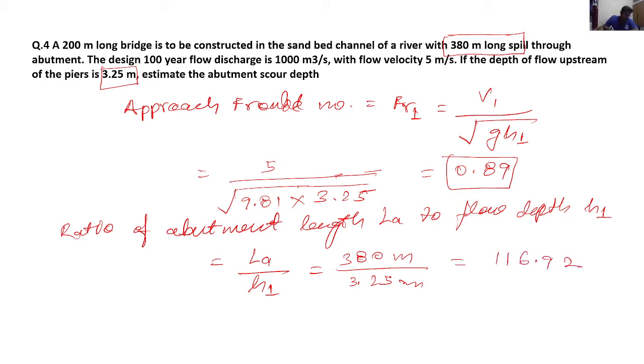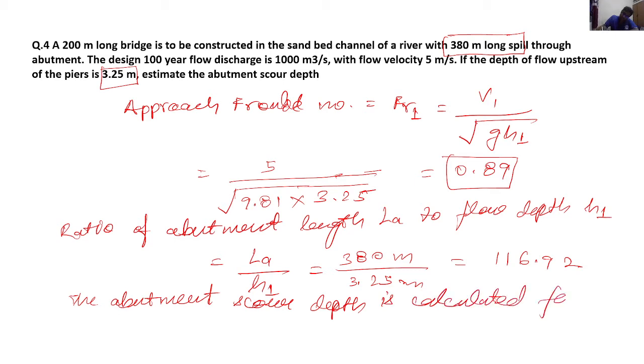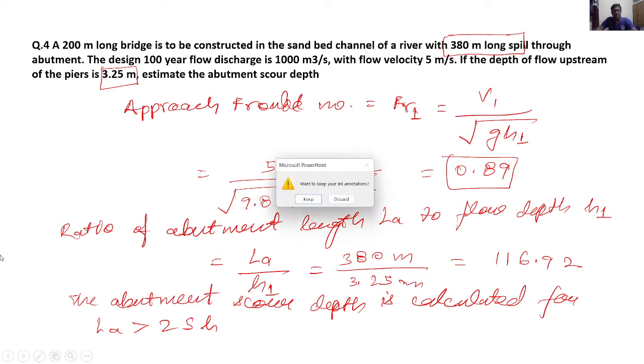So we need to check whether the abutment scour depth is calculated for LA greater than 25 times the depth of the flow. So straight away an equation is given for it. We will take another slide to understand it.